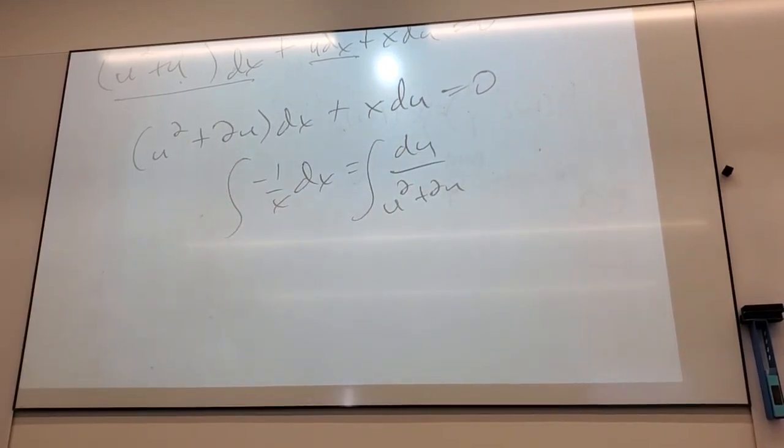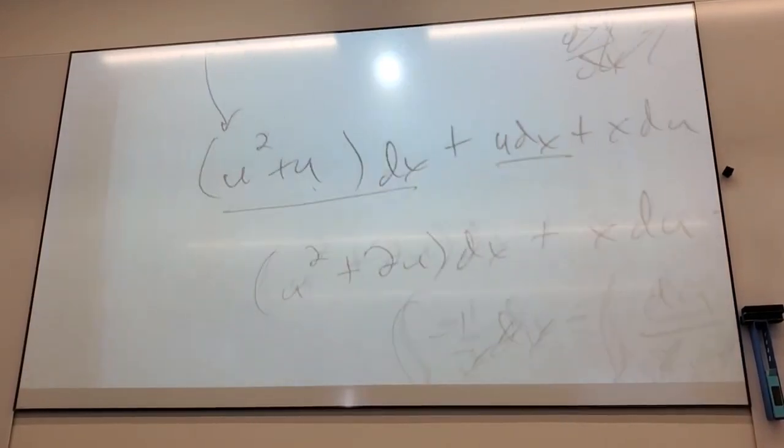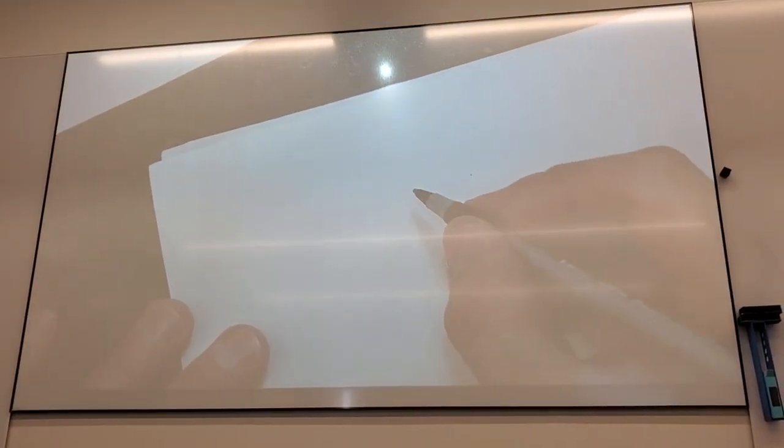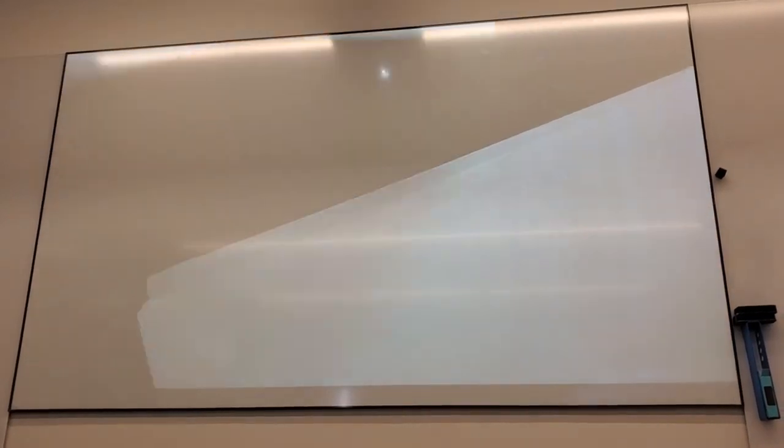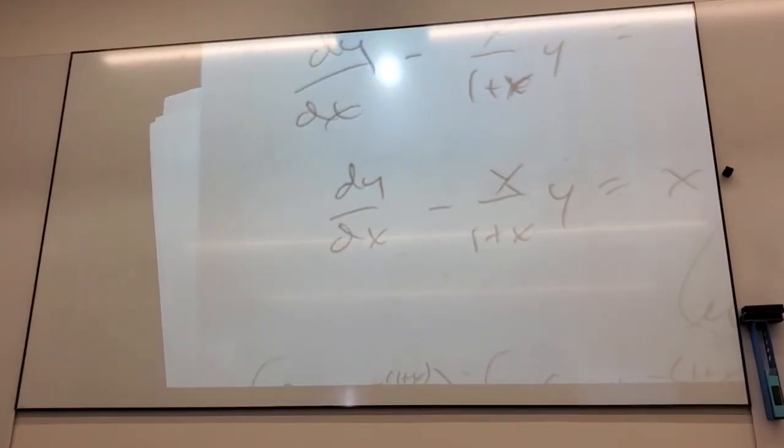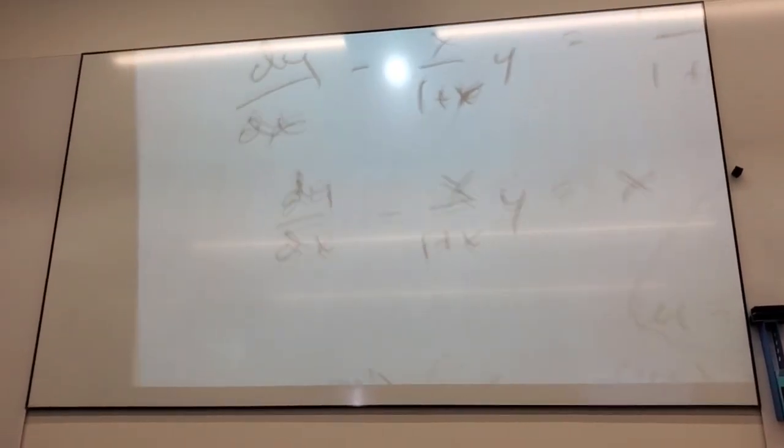Okay. Just to show you semi-quickly here, if I would have left this, what was it to begin with? Oh, I lost it. Darn it. Yeah, okay. Well, you don't have to do the y over x.